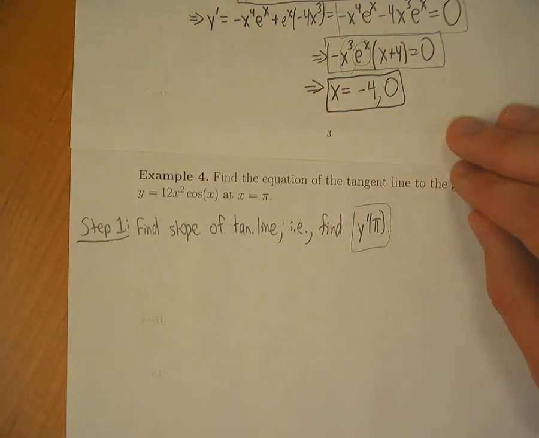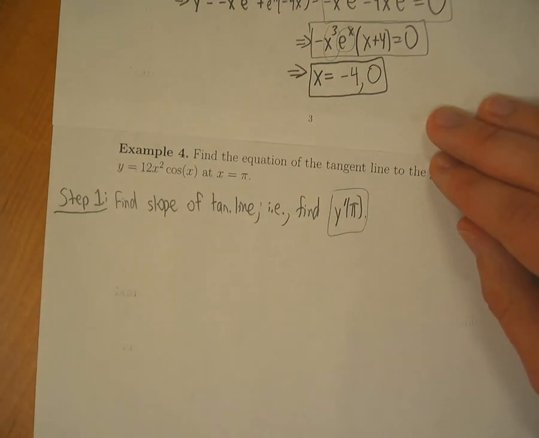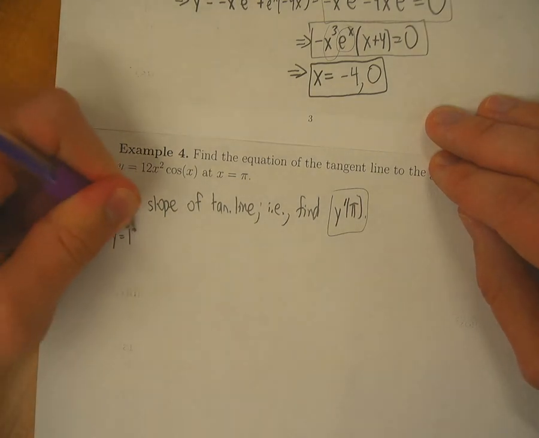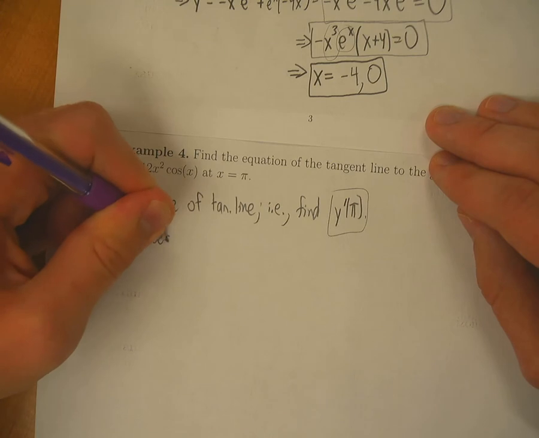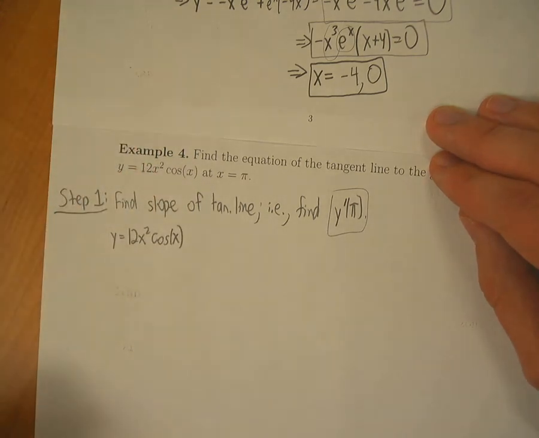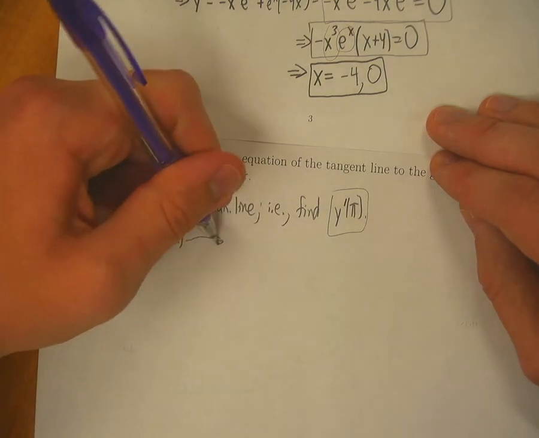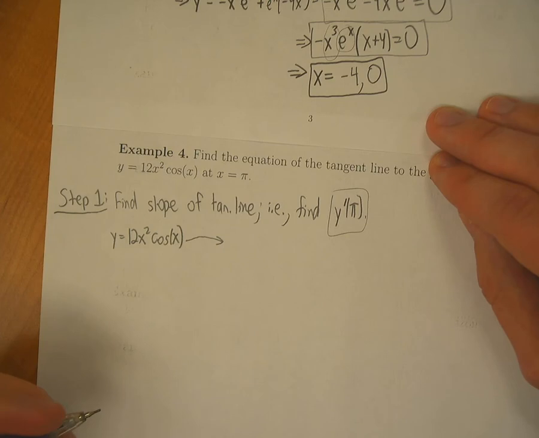Okay. So we have y equals 12x squared times cosine of x. In this case, we again have a product of two functions of x. So we have to break this up for our product rule.